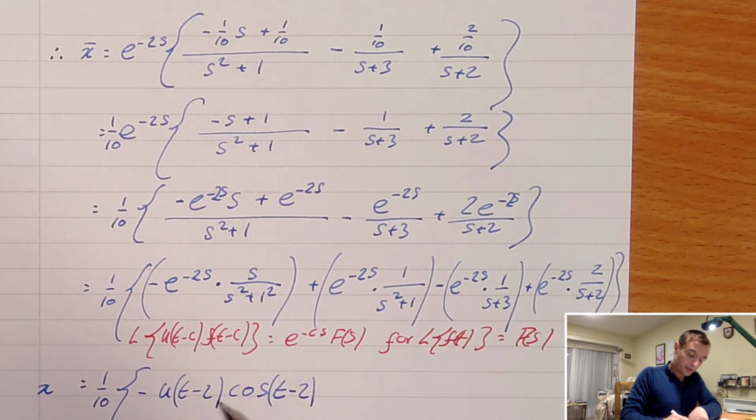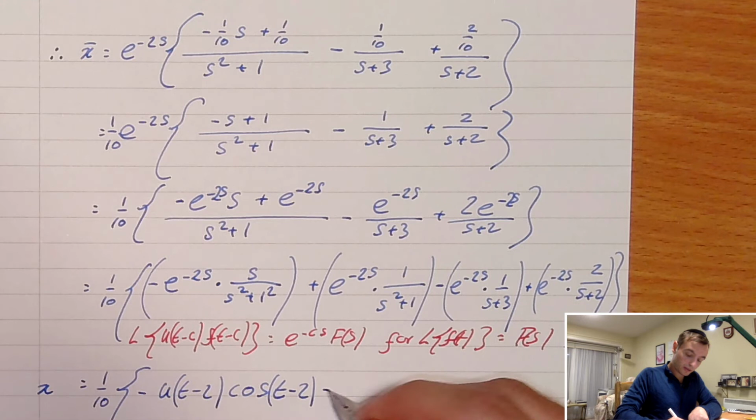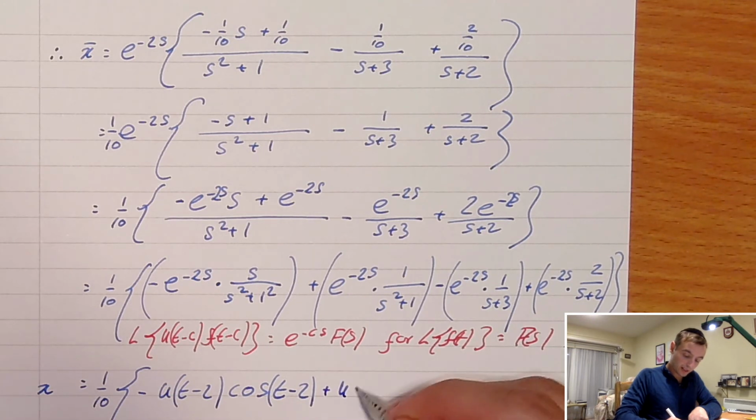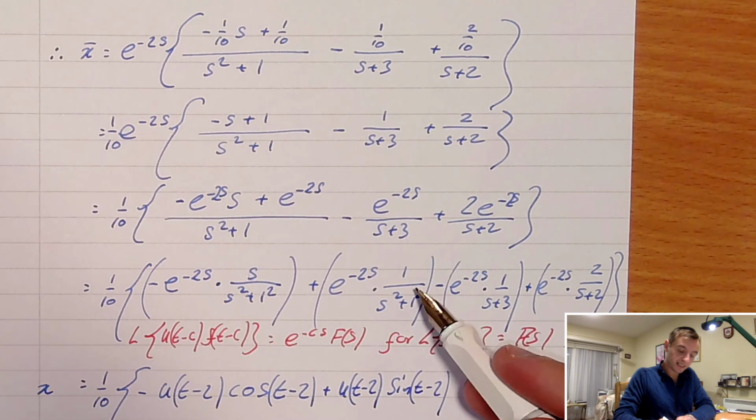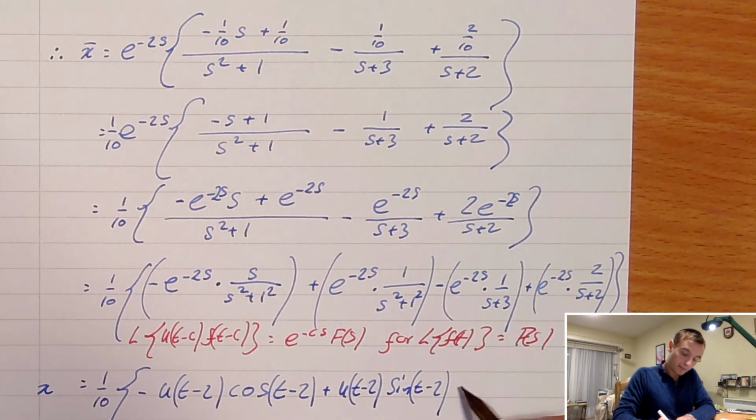So that will be u(t minus 2) cos(t minus 2) plus u(t minus 2) sine(t minus 2). Remember, the function is sine t here, but there's a shift of 2. And then we can say minus u(t minus 2).